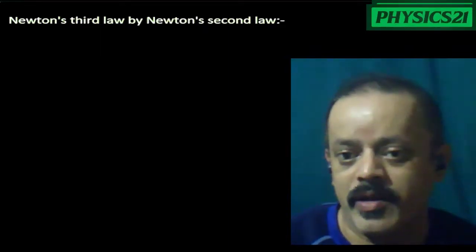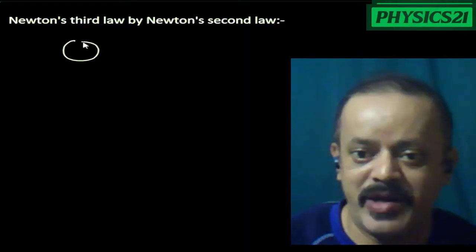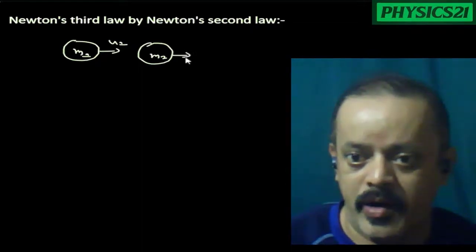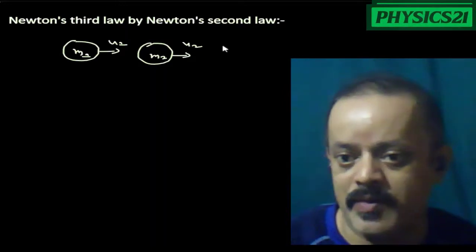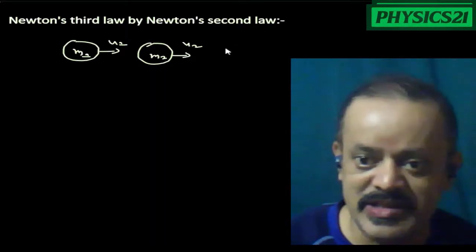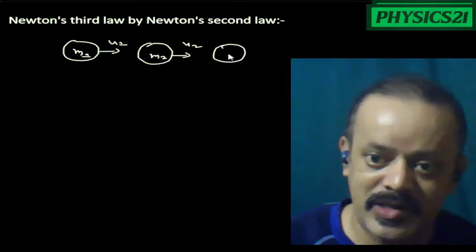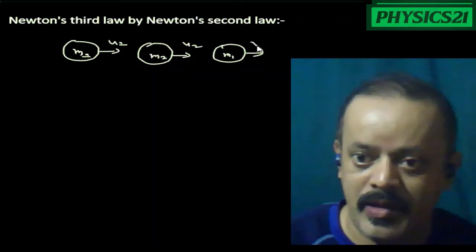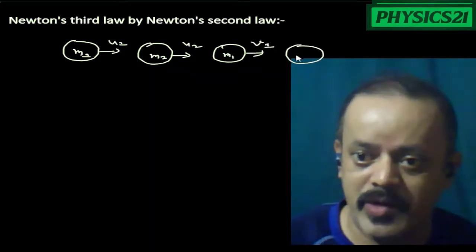Now the proof of Newton's third law of motion using Newton's second law of motion. Let there be two bodies of masses m1 and m2, initially moving with velocities u1 and u2 respectively. After some time, these bodies will interact with each other and separate. After the interaction, let their velocities be v1 and v2 respectively.